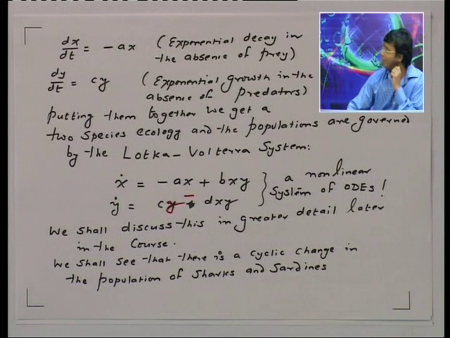On the other hand, the exponential increase cy, remember that in the second differential equation y dot equal to cy, if just the cy is present, it will exponentially increase, but that is going to be checked by a term minus dxy. Now you might ask, why bxy, why not bx squared y squared or dx cube y to the power 7? That would be a natural question that would come to you.